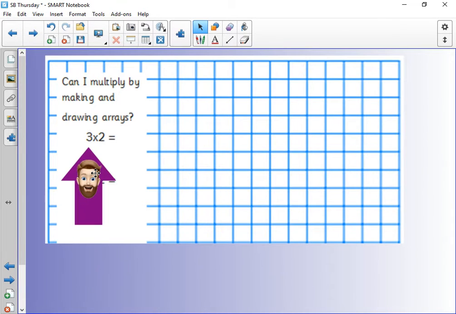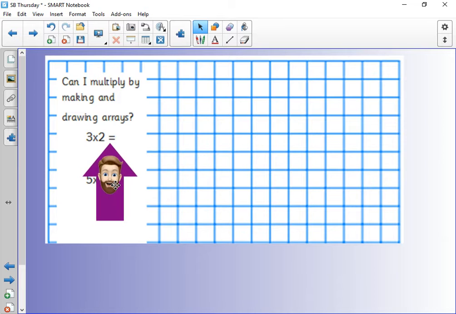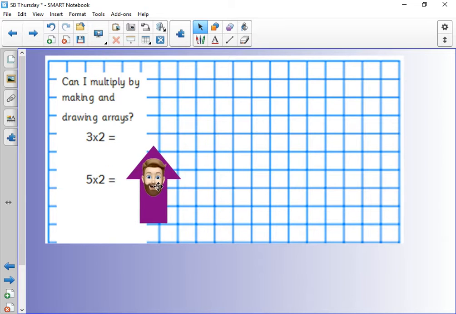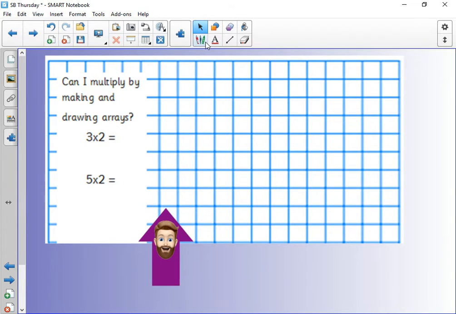Okay, we're going to do the first 4 together. Okay, so let's read the calculation. 3 lots of 2 equals. 3 groups of 2 equals. So I need 3 groups of 2. So I'm going to choose my pencil, and I'm going to draw my 2's in rows.